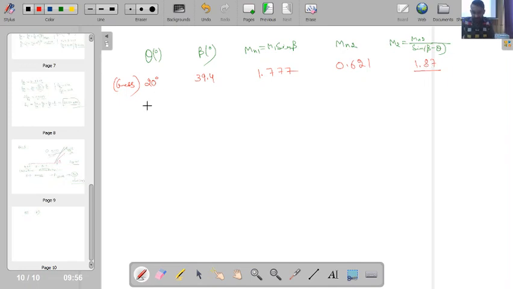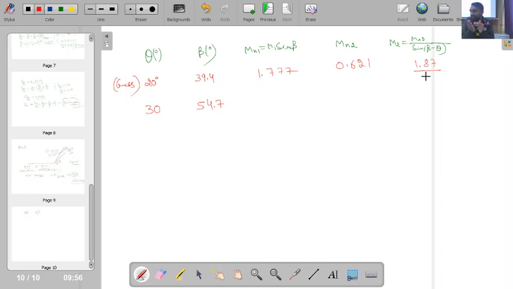Okay, so what I have done, I have considered now a deflection angle of say 30 degrees. Corresponding to 30 degrees, if you calculate, you will get the shock wave angle of 54.7. Our tendency is, this Mach number M2 is 1.87, so it is higher. If it is higher, we have to consider a slightly stronger shock wave.